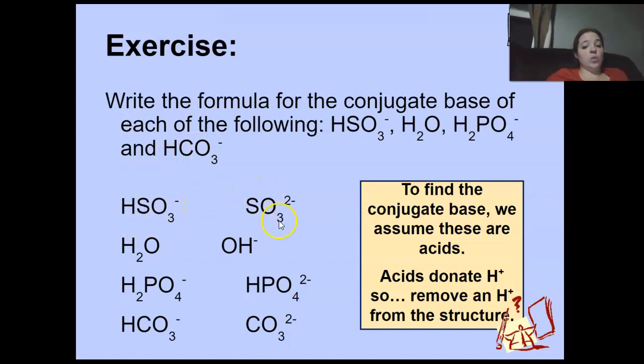So it's SO3 2 minus, because there's already a minus. You've got to minus another one because I'm getting rid of a proton, of a positive. H2O, I've got to get rid of one of the hydrogens. That makes it negative. I would totally accept HO minus, although typically you want to do OH negative, okay?